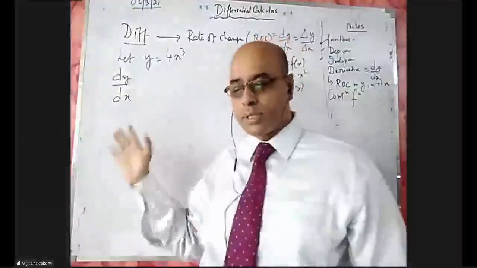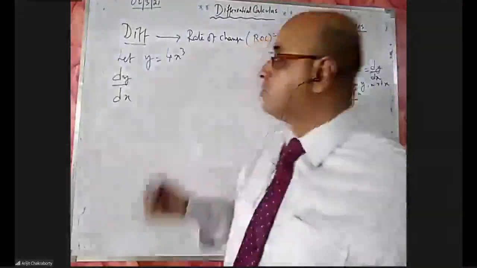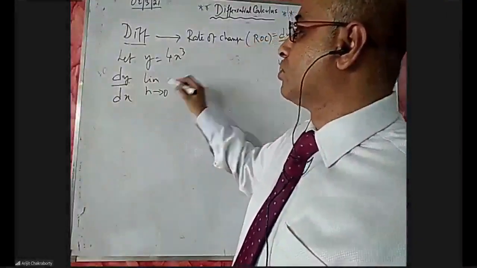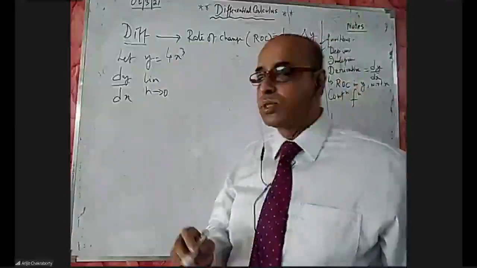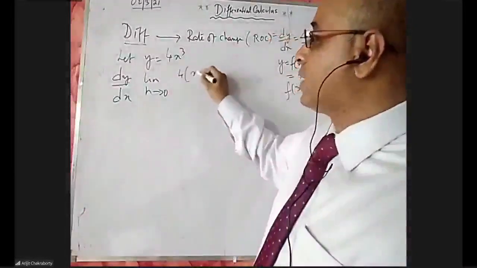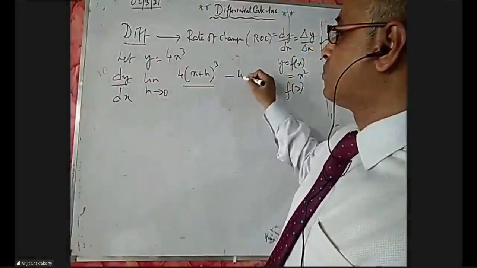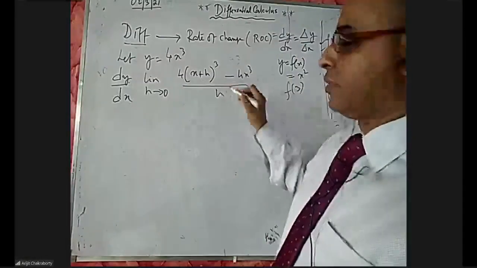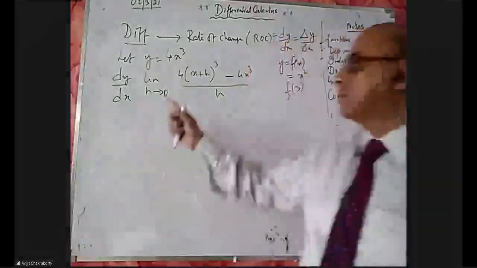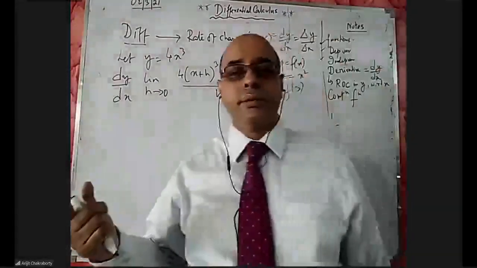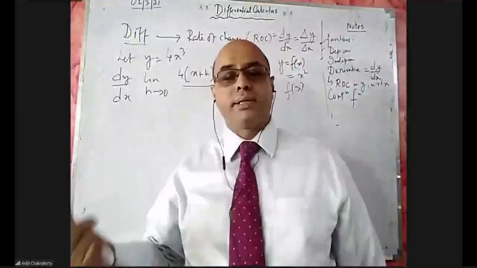the same process has to be followed. That means you will write limit h tends to 0, 4 into x plus h whole cube minus 4x cube by h. And then I have to expand this full expression. There will be certain cancellations and certain adjustments.